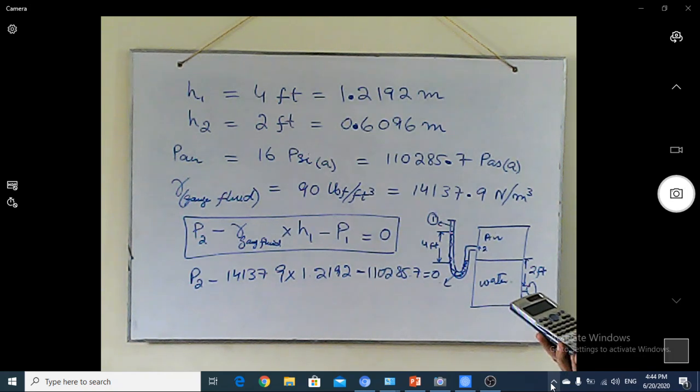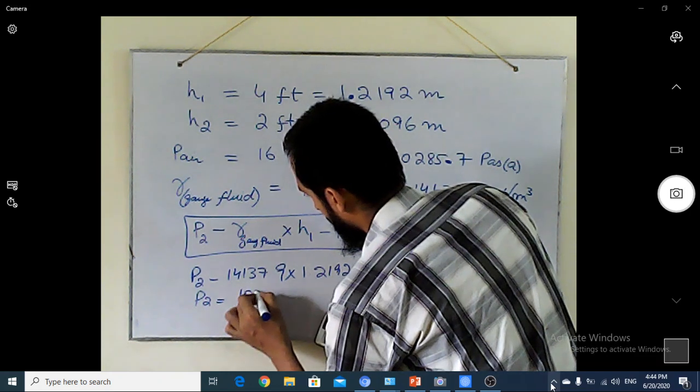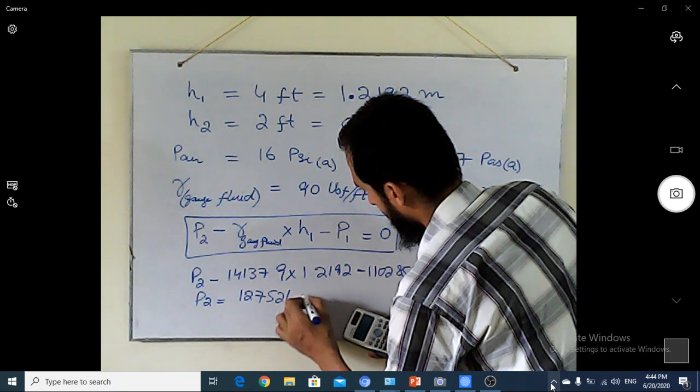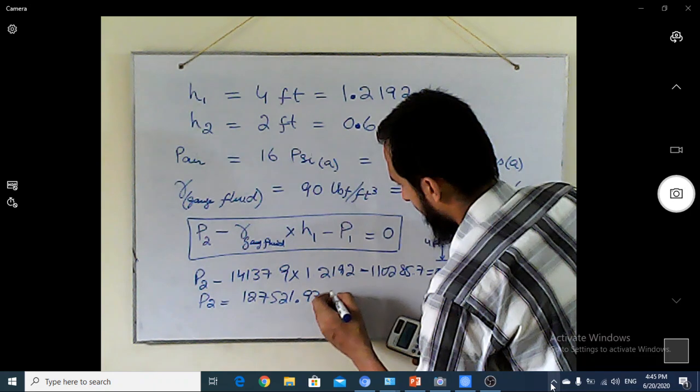Minus 137.9 multiplied by 1.2192 minus 110,285 is equal to 0, and we come up with the value of P2, 127,521.93. Again, this value is in absolute value.